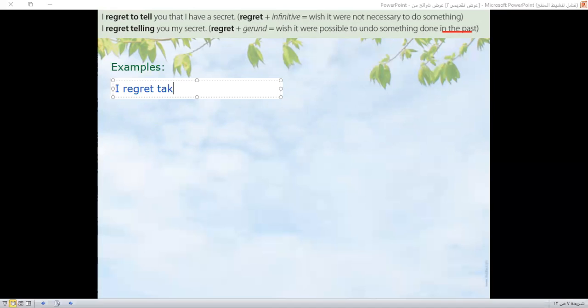Okay, I regret taking this meal. Yes. Very good. I regret taking this meal or eating this meal. It means that I already ate this meal and now I regret it. Very good. What about to? If I want to use to?